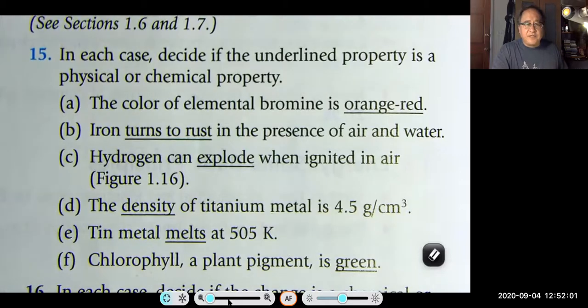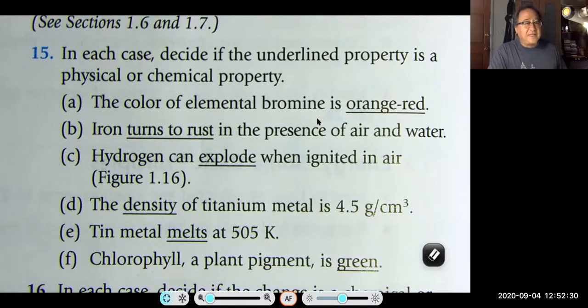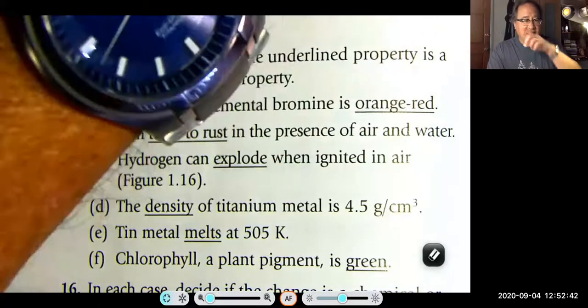You know what, I'm going to open up the participant list. And here, let's practice using our yes or no feature. So if you think this is a chemical property, that elemental bromine is orange-red, put yes. If you think it is not a chemical property, but it is a physical property, pick no. If you're having a hard time deciding, I can help you.